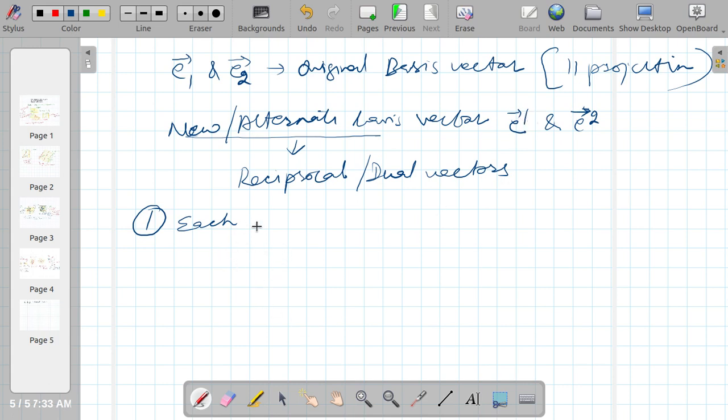Each one must be perpendicular to all original basis vectors with different indices.